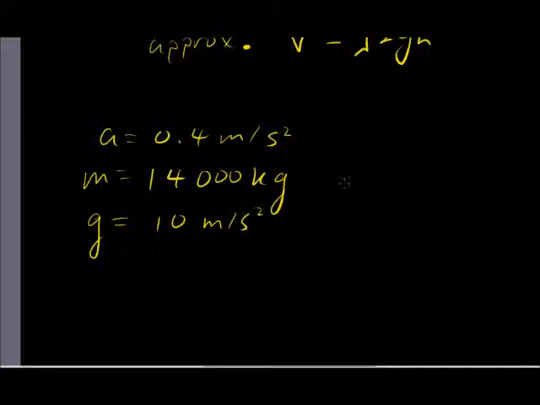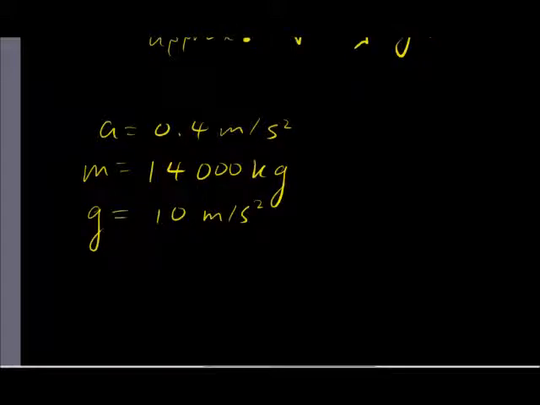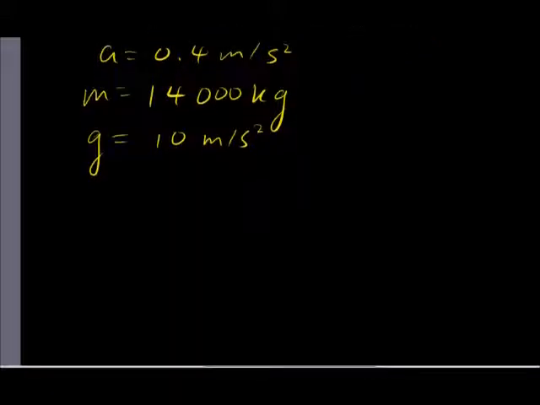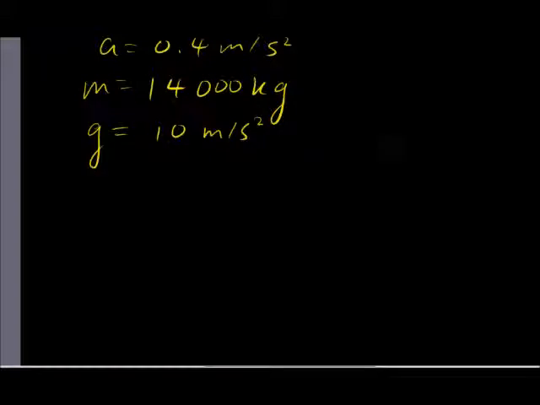Alright, so in the first part we need to calculate the speed of the helicopter at time t equals 20 seconds. So we have this equation which describes the velocity of the helicopter at time t, and this expression is given by v0 plus at, where a is the acceleration of the helicopter and v0 is the initial velocity when time equals 0.